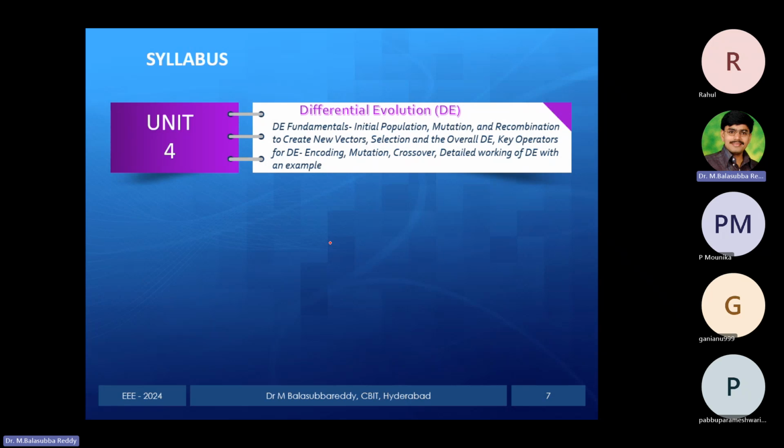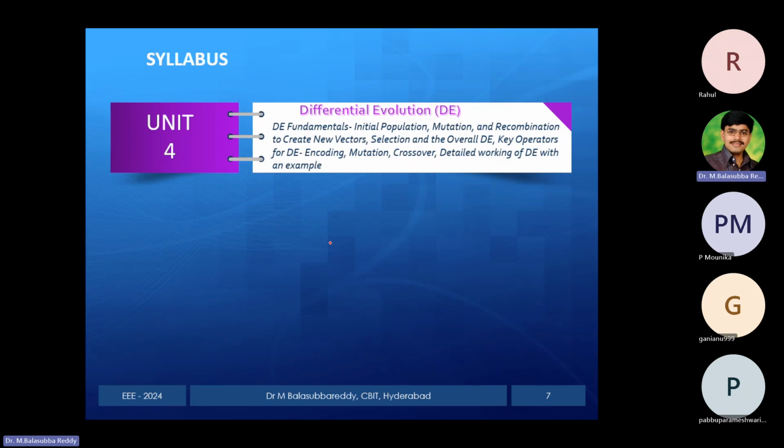Here we are going to apply the recombination process also. That is one of the evolutionary algorithms. And then selection, that is the selection process for the new vector, and the overall differential evolution algorithm.